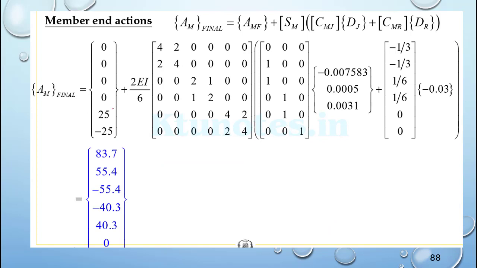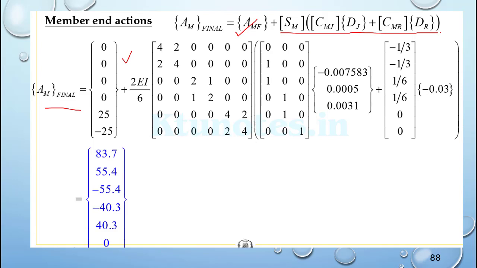Then the member end actions are given by Am finally is equal to Amf plus Sm into Cmj Dj plus Cmr Dr. The Am finally is equal to the Amf value plus 2EA by 6 into the matrices corresponding to these values.